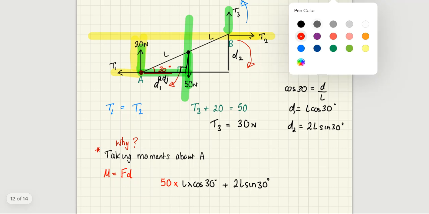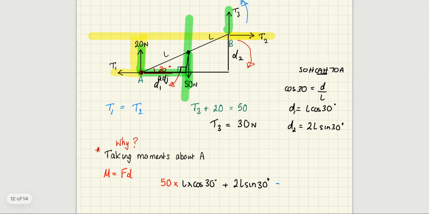I should have written it in red to keep it going. Now it's going to be equal to the anti-clockwise moments, which is T3. This one here is giving me an anti-clockwise moment. Here's the line of action of the force. The distance is this distance here. So it's adjacent again.